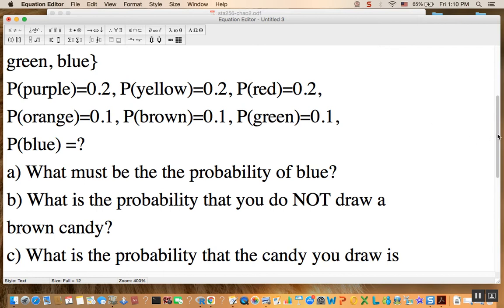so let me again use some notation. For yellow, let's use A2. For orange, let's use A4. And then for red, A3. Make sense? So yellow, A2, A3, A4. Make sense? Here we go.